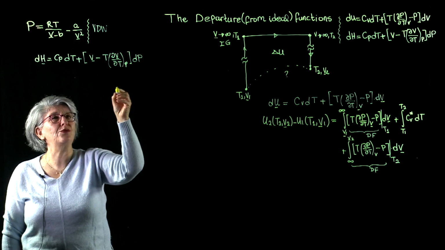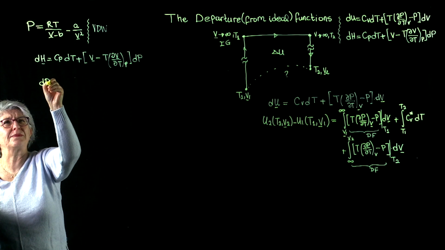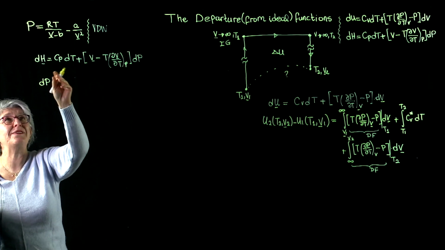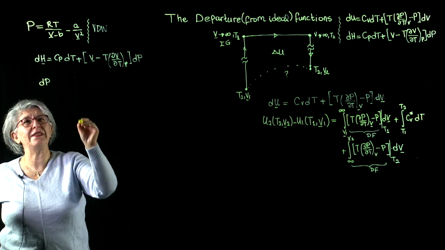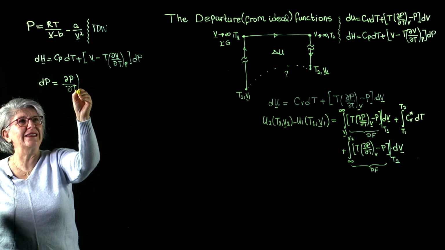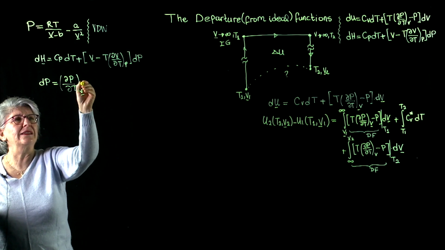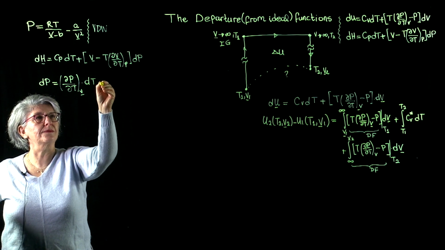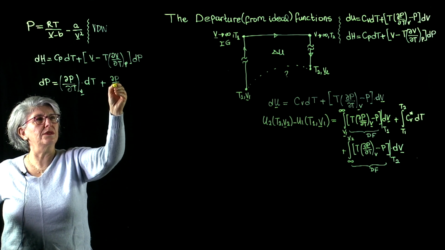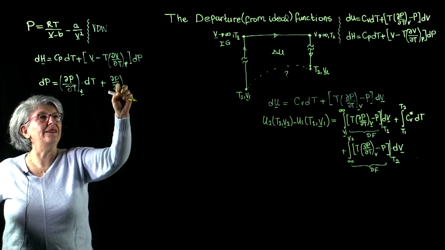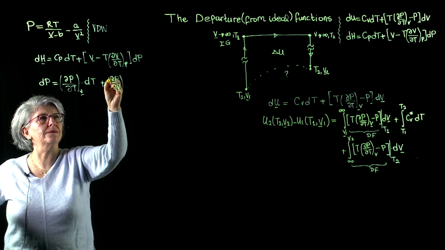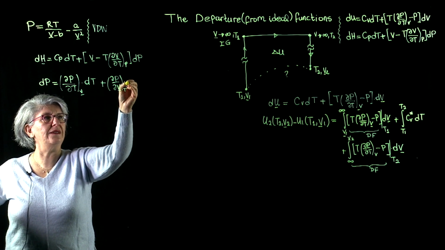So instead, we are going to express dP as a function of P as a function of V and T, and dP as del P over del T at constant V times dT plus del P over del V at constant T dV.